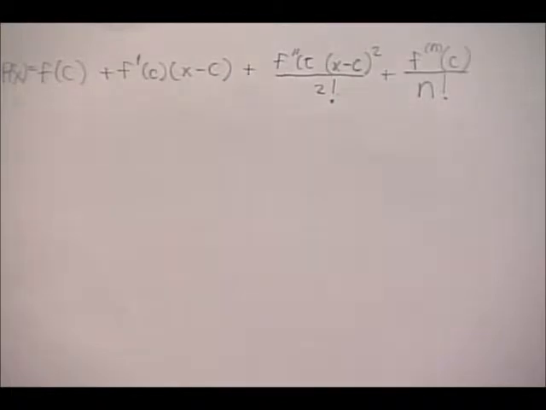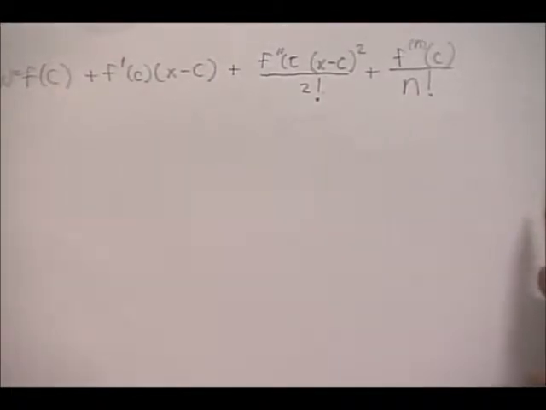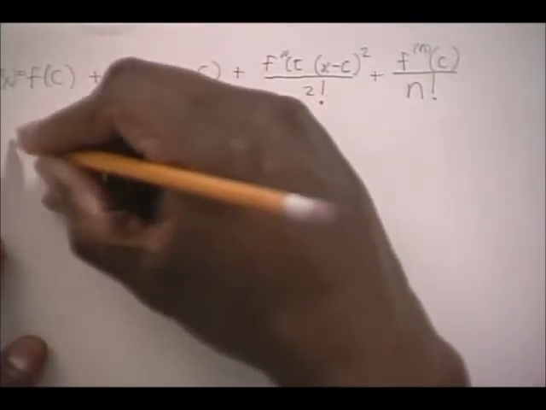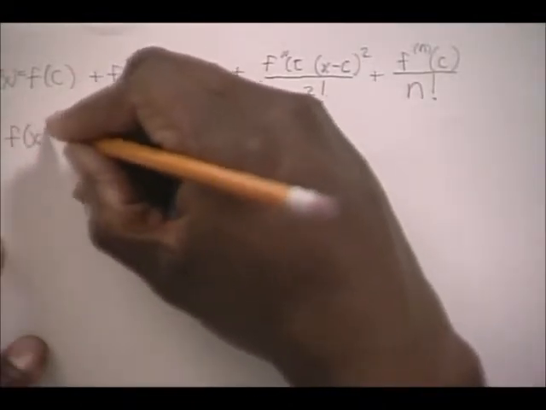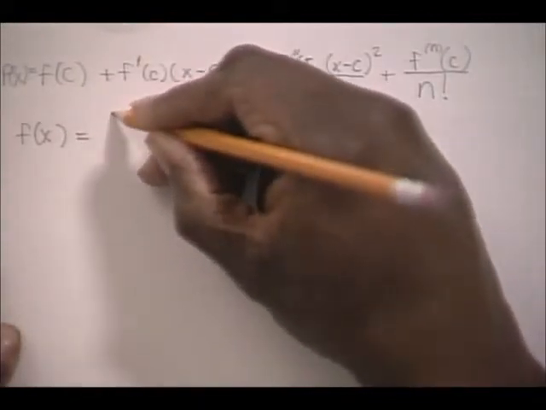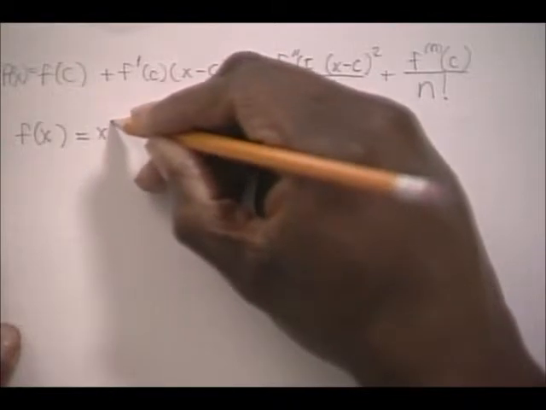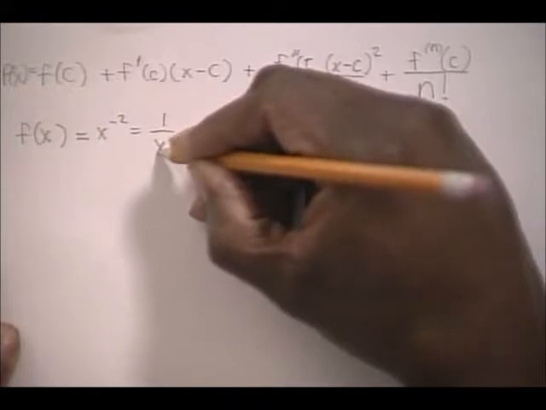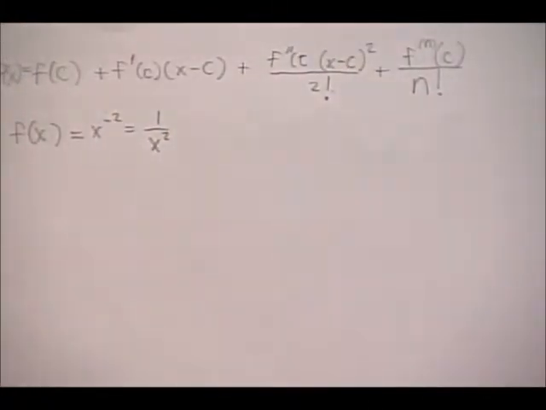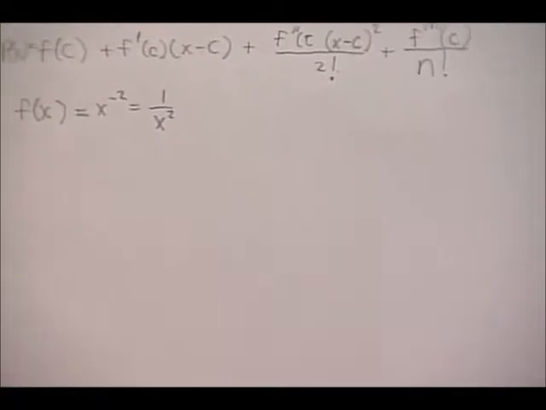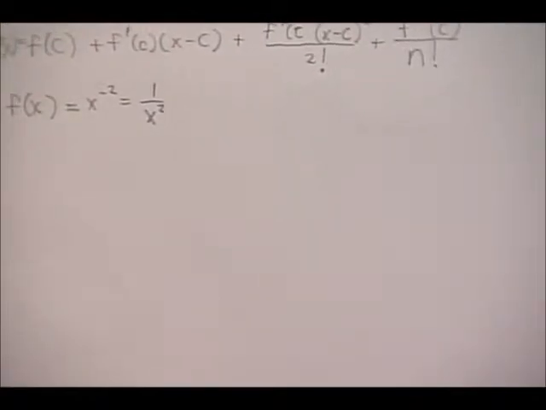So let's do that. I've got this problem where we have the function f of x is equal to x to the negative 2, but we know that's the same thing as 1 over x squared. That's some common function. Maybe you've seen that in your algebra class, and I'm certain you've seen it in your Algebra 2 trigonometry class.